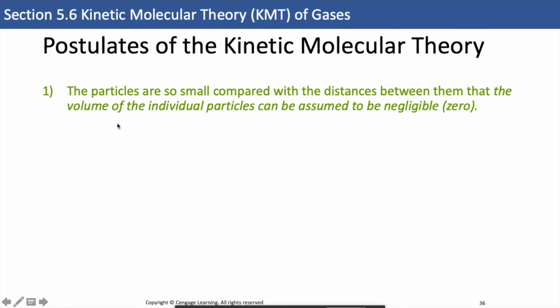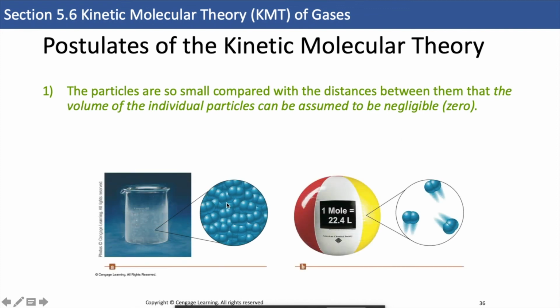But for all practical intents and purposes, the volume inside of an atom compared to the volume of a tank of gas is going to be so ridiculously different, right? The tank of gas is going to be so huge compared to the tininess of the individual atom's volume that we can basically assume it is a limit that approaches zero in some way, shape, or form, okay?